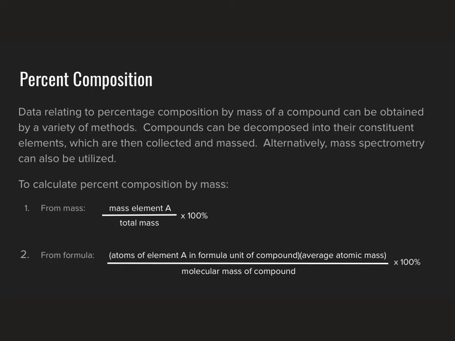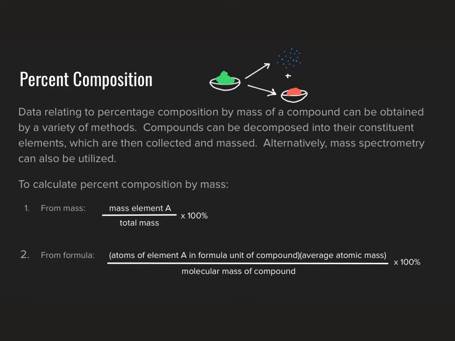One thing we might think about doing would be to undergo a sequence of chemical reactions, massing both the reactants and the products. In particular, if I started off with a compound, which I would mass as an initial reactant, and then I decomposed that compound into its constituent elements, which then would be collected separately and massed separately.